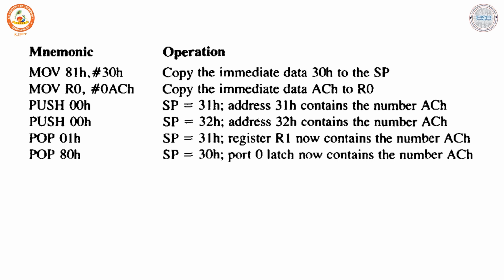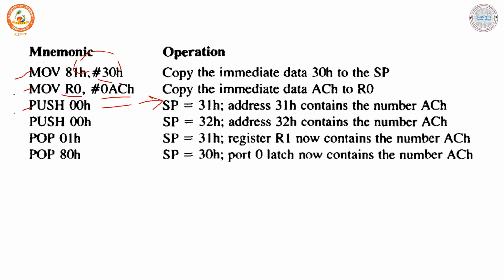Here is one more example for push and pop instructions. In this we have a mnemonic called MOV. We are moving an immediate value 30H to the 81H address location. Similarly, we are loading the R0 register with ACH, and we will push the content of the 00H address location to the stack pointer.